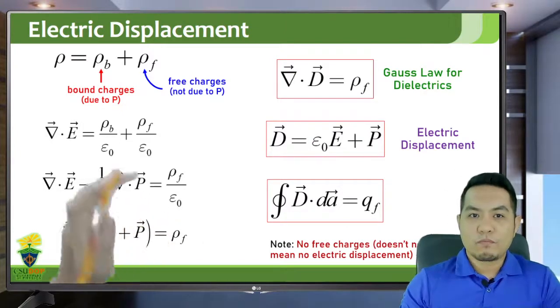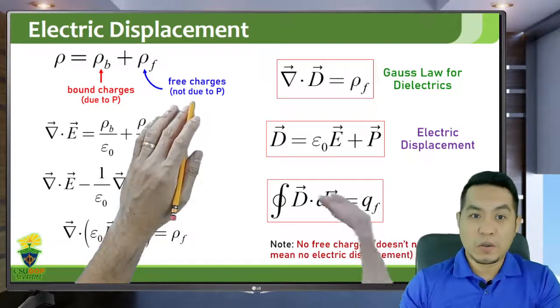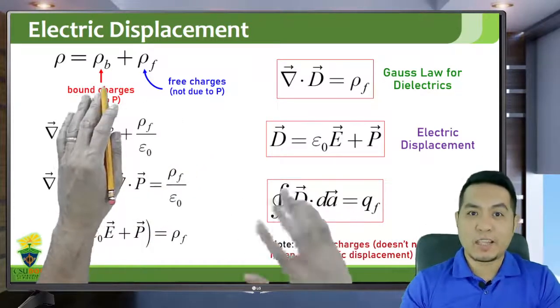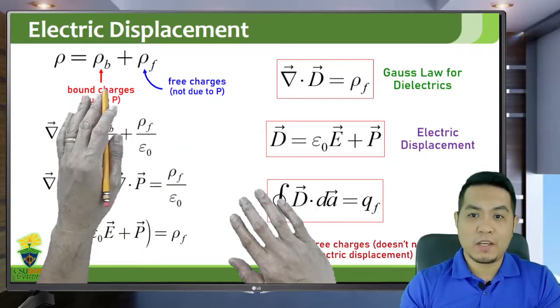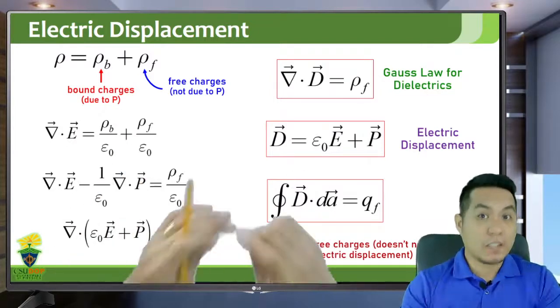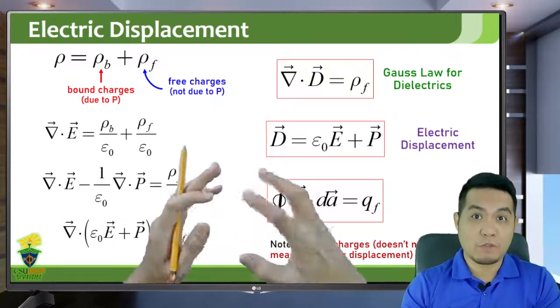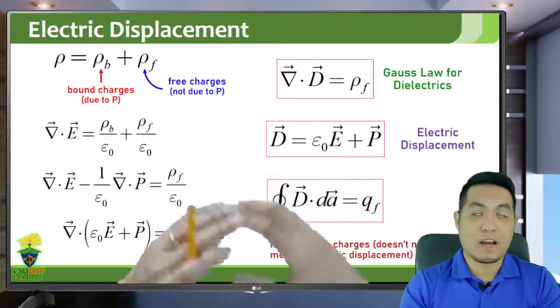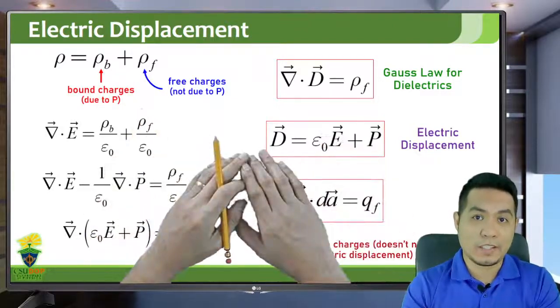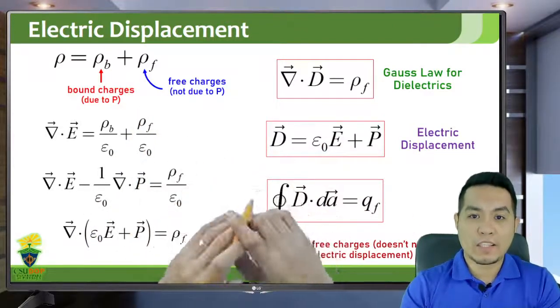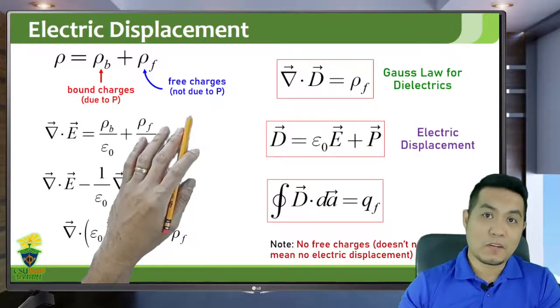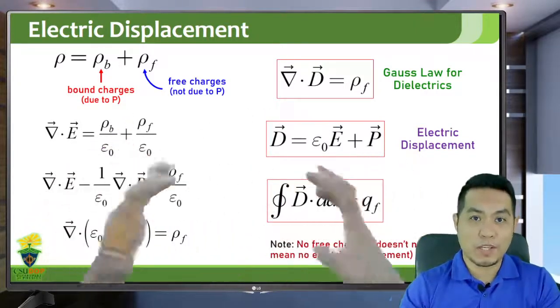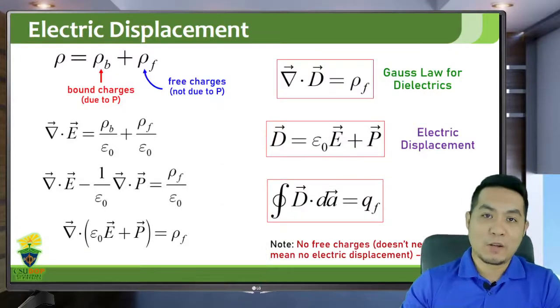Again, free charges can only be in conductors, and bound charges can only be in dielectrics or insulators. And there are systems which are a combination of those, a metal and a plastic, or a metal and an insulator, for instance. When you have that system, you can use the Gauss law for dielectrics, since there will be both bound charges and free charges in that configuration.